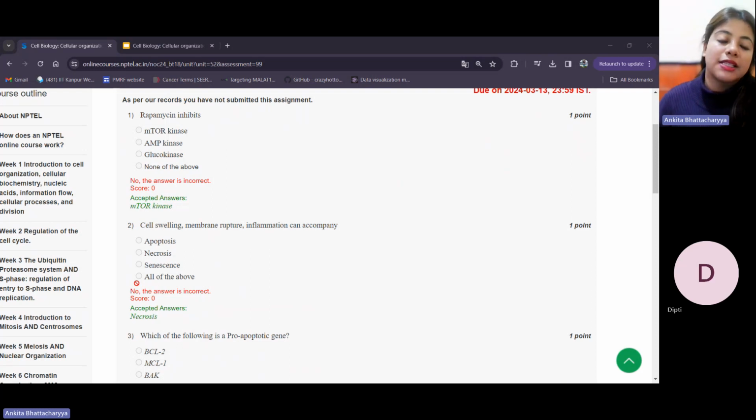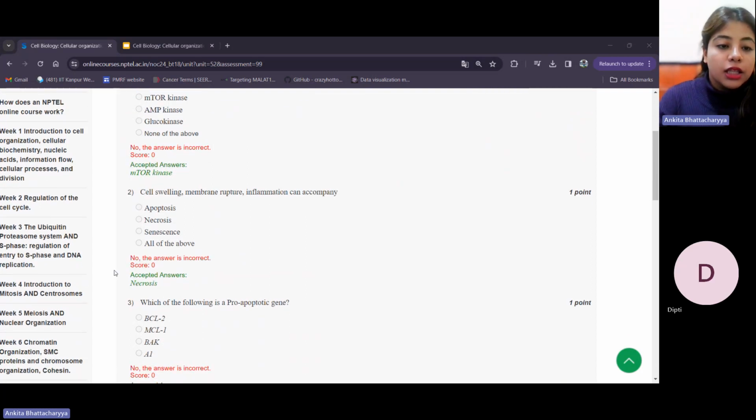So mTOR is the mammalian target of rapamycin. So this particular drug inhibits this kinase enzyme in mammals. It has a different function in bacteria. If it is something that interests you, you can certainly go ahead and look into it. But for mammals, the inhibitor rapamycin works on mTOR kinase. So that was the correct option.